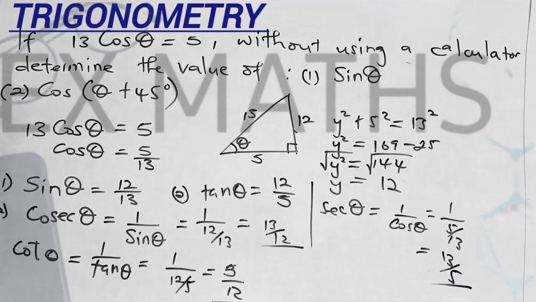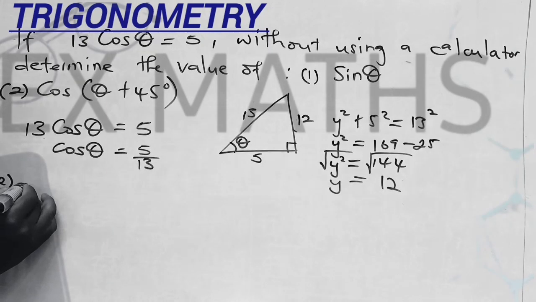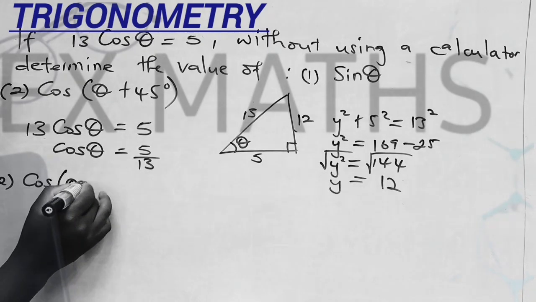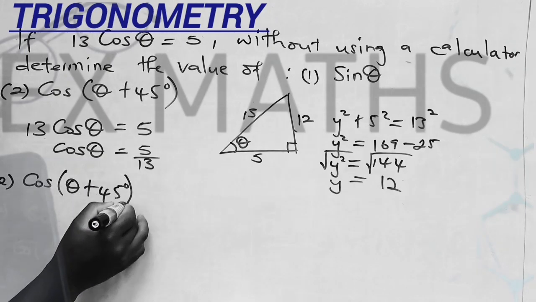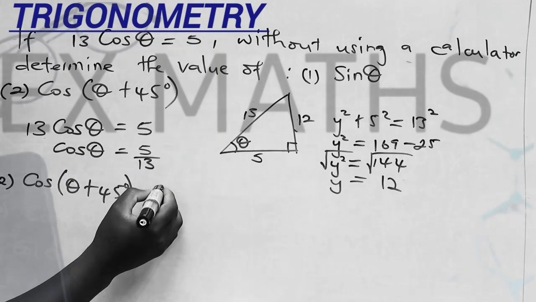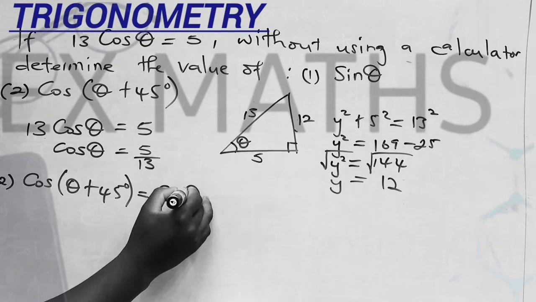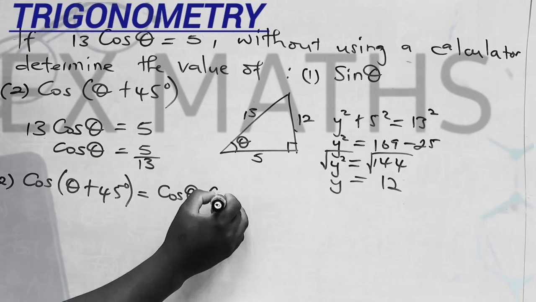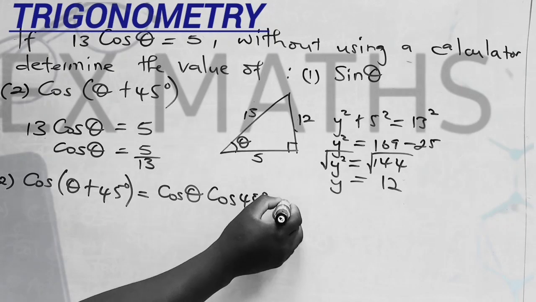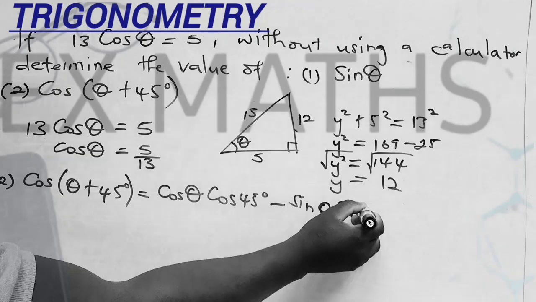So now let's see how we can do this one, number 2, cos of theta plus 45. For cos of theta plus 45, this is a compound angle identity, so we need to expand it. And then it expands to cos theta cos 45 degrees minus sin theta sin 45 degrees.